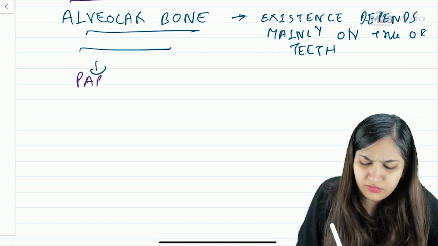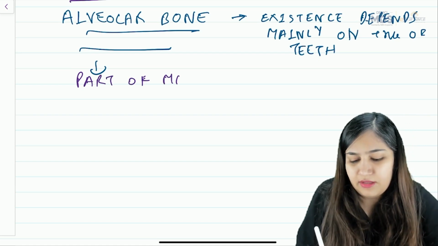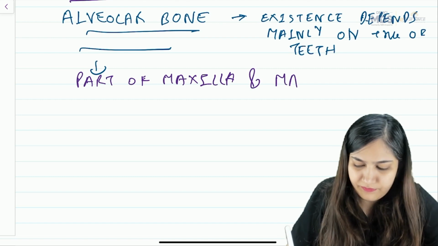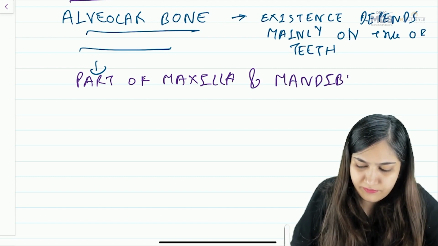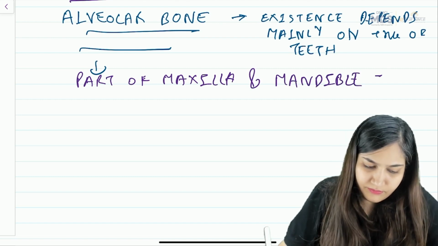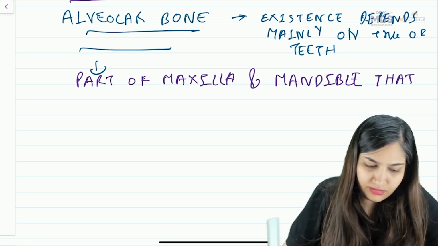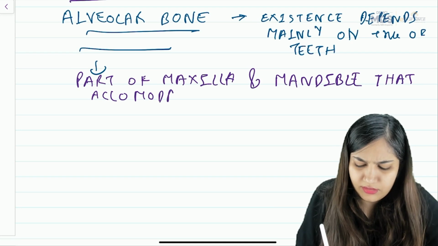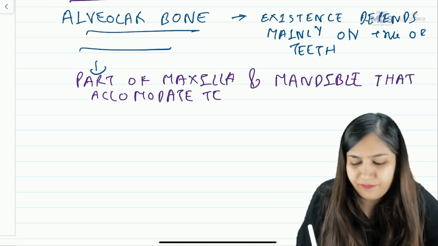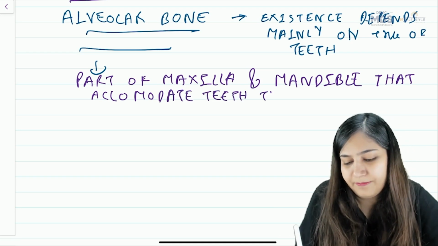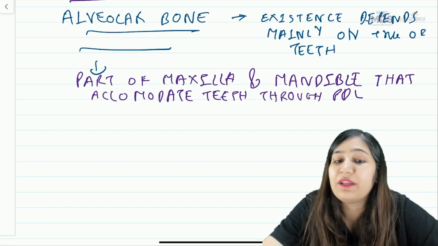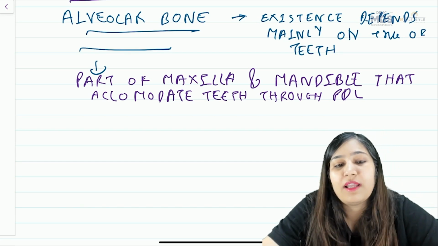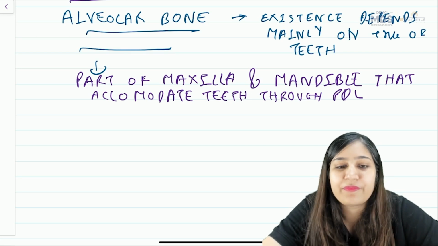Part of maxilla and mandible that accommodate teeth through PDL. What are the functions? It is a mineralized supporting tissue, reservoir of ions, framework for bone marrow, attachment of muscles.